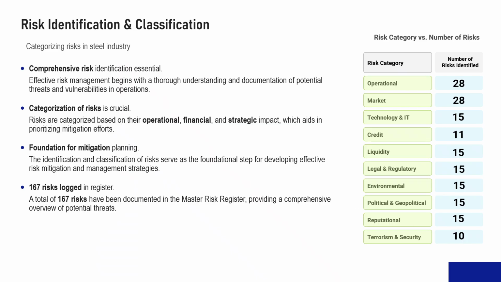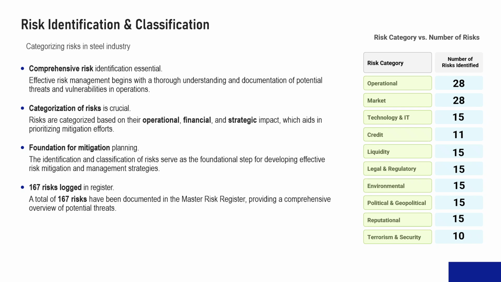Risk identification and classification. This is one of the most important points we need to discuss in this presentation. A total of 167 risks have been identified across categories such as operational, financial, and environmental. A proper classification helps us prioritize which risks need immediate attention.